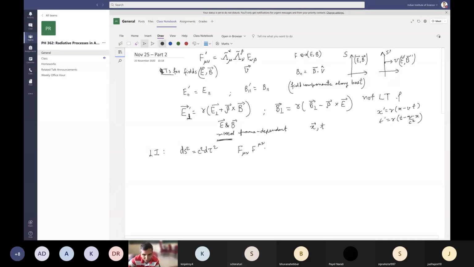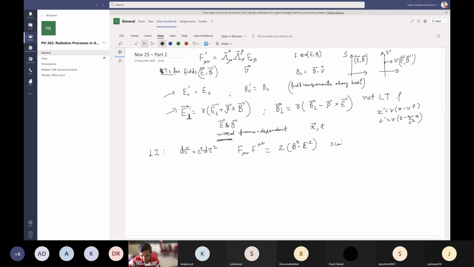And if you plug in the form of F in terms of E and B, this corresponds to 2 times (B squared minus E squared). In fact, you can use this and show that 2 times (B squared minus E squared) is equal to 2 times (B prime squared minus E prime squared). So this is a Lorentz invariant.